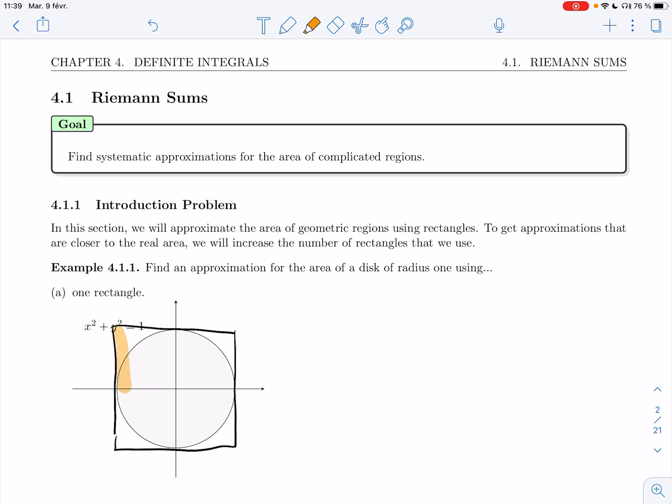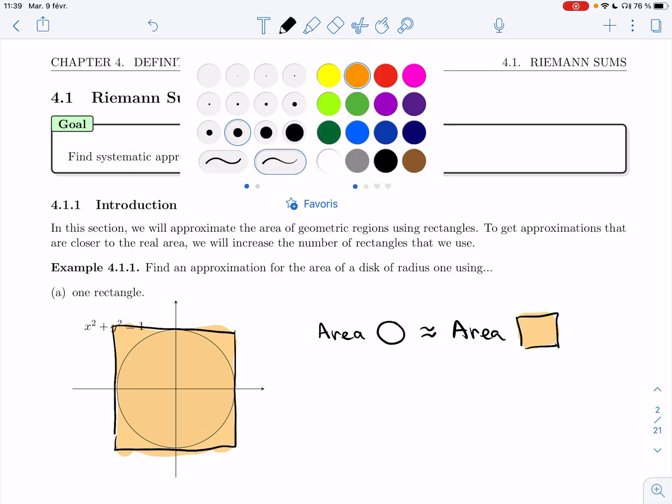And so I want to know what's the area of this region here, and that's going to be my approximation for the area of a circle. So the area of the disk is not equal, but somewhat close to the area of the square.